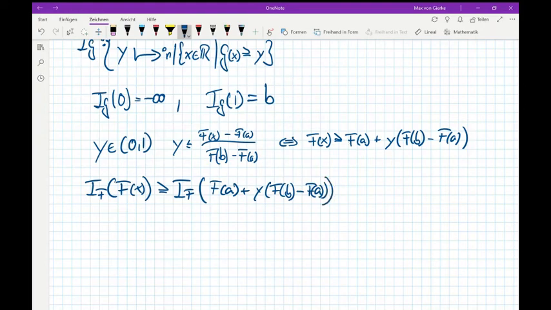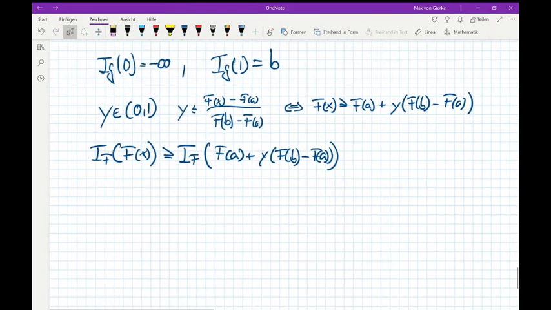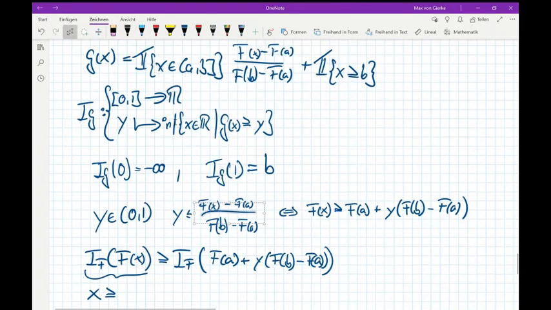This one. Okay. It's a general fact, it follows directly from the definition of the pseudo inverse, that this one here is smaller or equal than x, I think. So now we have our x here. And recall that here we look for the infimum of x satisfying this condition.